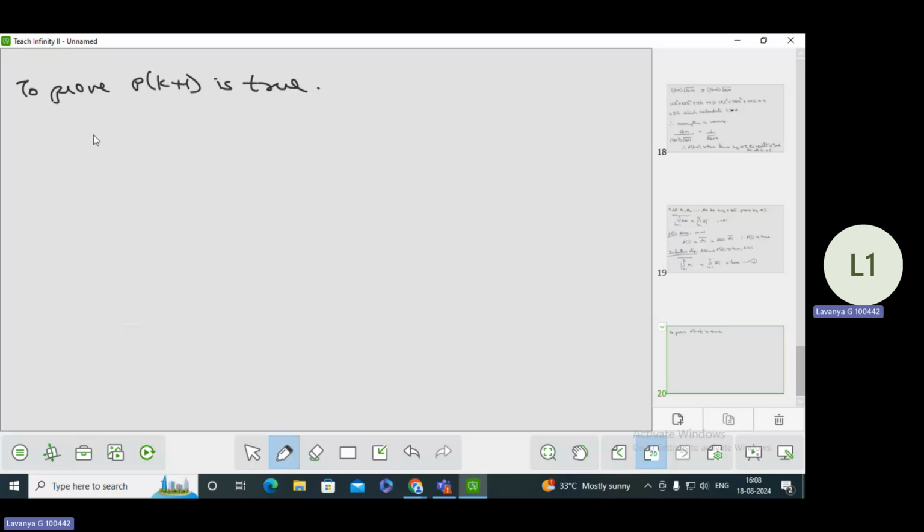So how do I prove P of k plus 1 is true? The union, i equals 1 to k plus 1, of Ai whole complement. How can I rewrite this? I will rewrite this as the union, i equals 1 to k, of Ai, union the last set A k plus 1, with the whole complement.